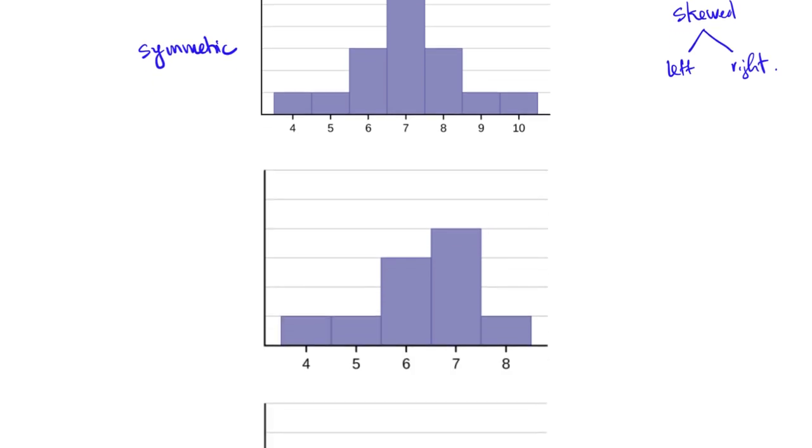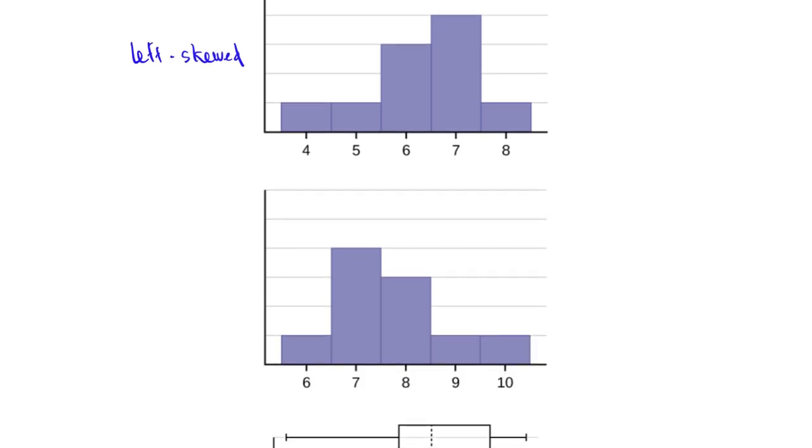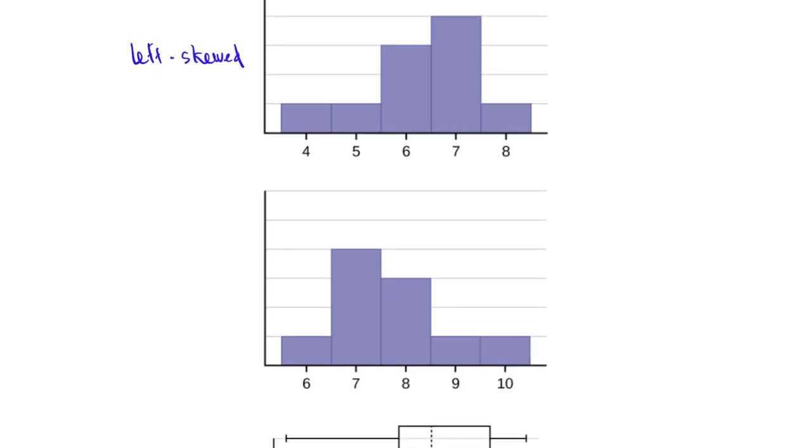If a distribution has the left tail that is longer than the right tail, and in this case it has one peak, then we say that it is left skewed or skewed to the left. If it's a distribution that has a longer right tail than the left tail, then we would say that it is right skewed or skewed to the right.